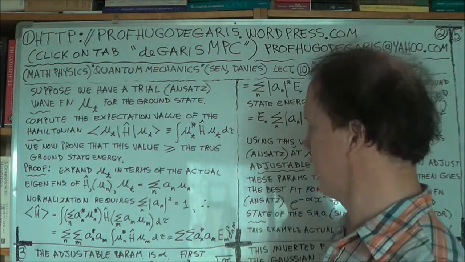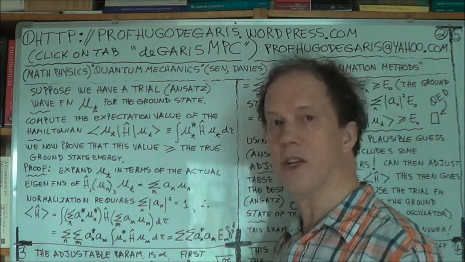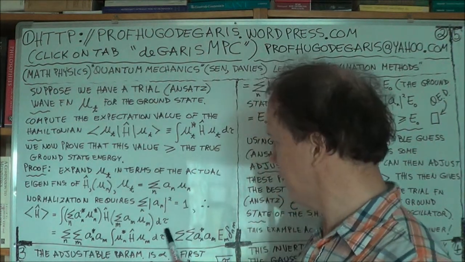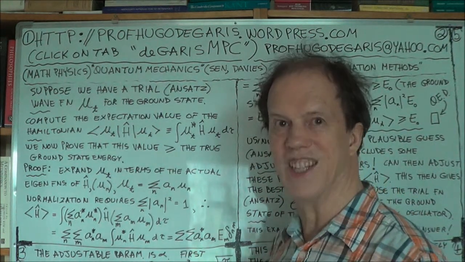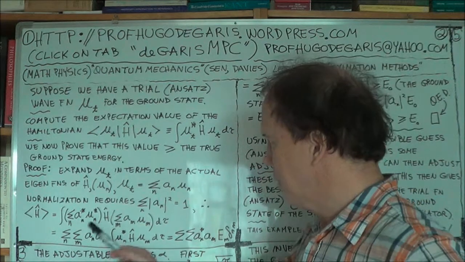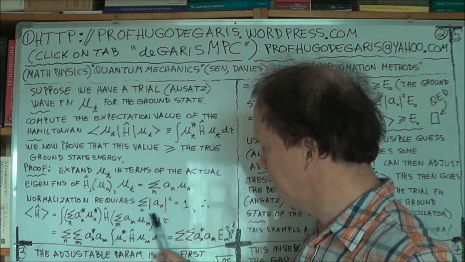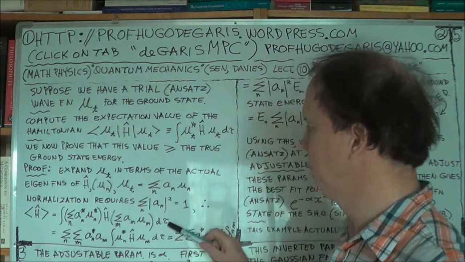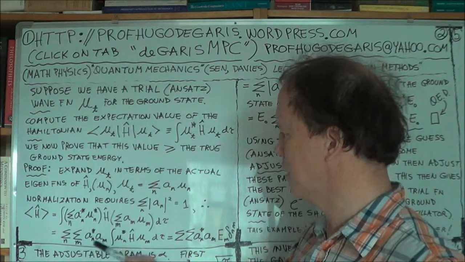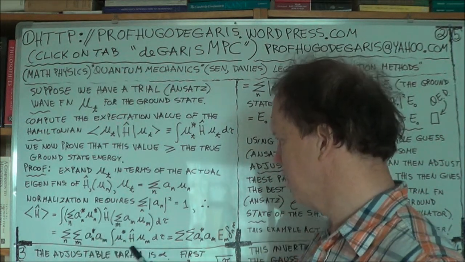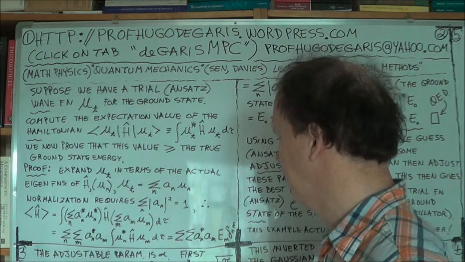In this session and the next, when we do examples of this variational method, this will be one-dimensional. Keep it simple, so we can just write dx. So effectively, these are independent of x or the volume, so they can come outside. The double sum comes outside, and you're left with the integral of un star h hat um.